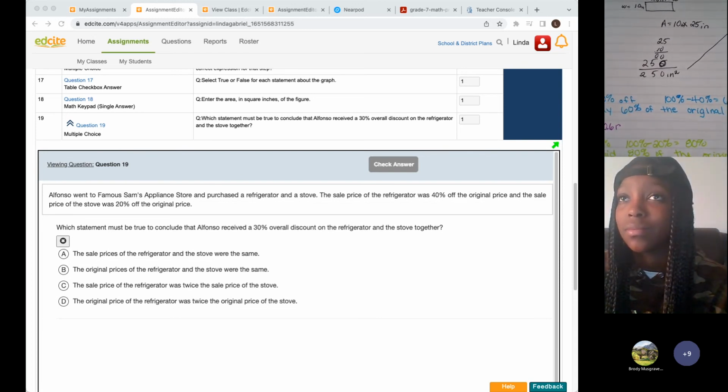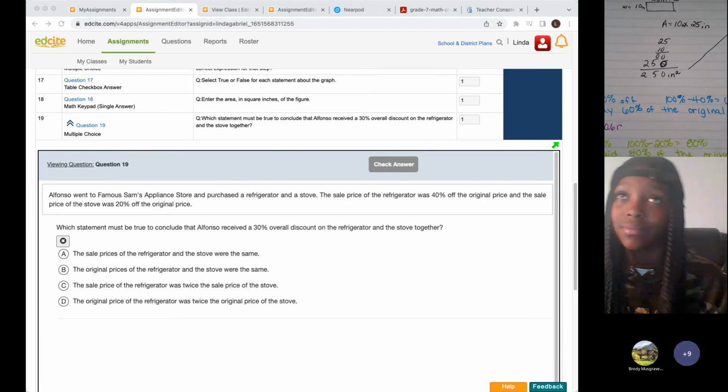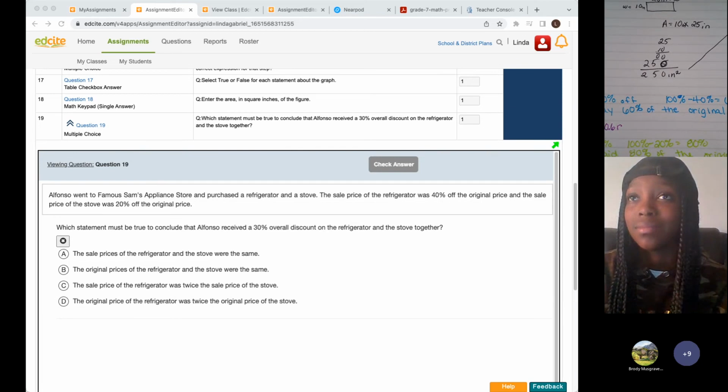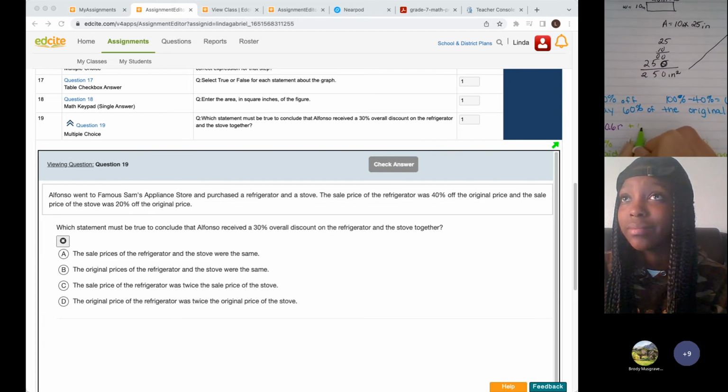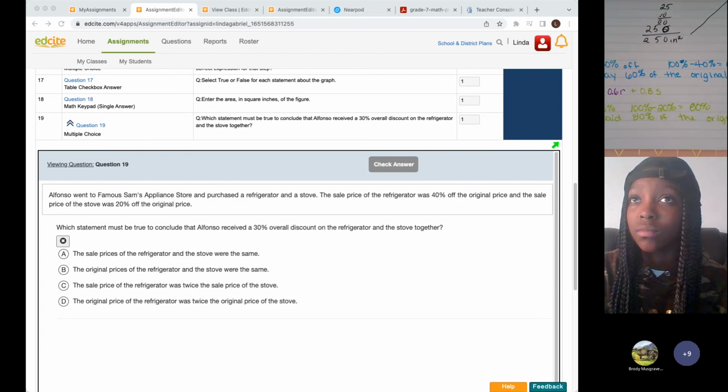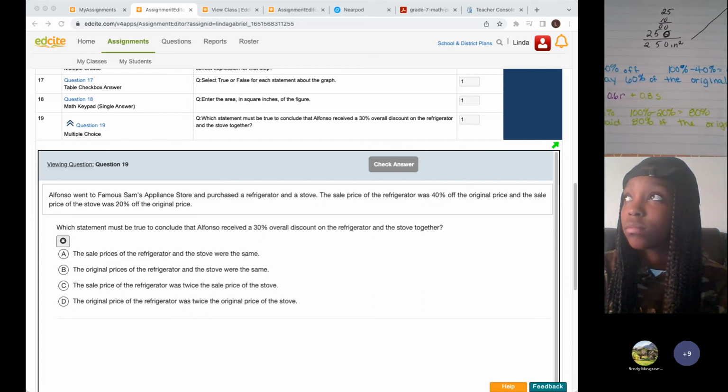That's going to be equal to 80 over 100, so it's equal to 0.8. So I have plus 0.8S, right? So it's the stove.